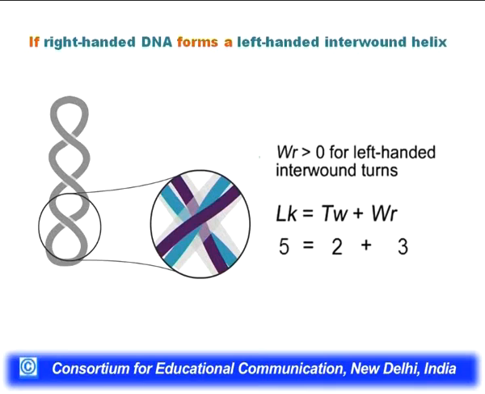So the writhe is greater than 0 for left-handed interwound turns. The linking number still remains 5, but because right-handed DNA is now forming left-handed helices, the writhe is increasing to 3, so the twist is decreasing to 2.